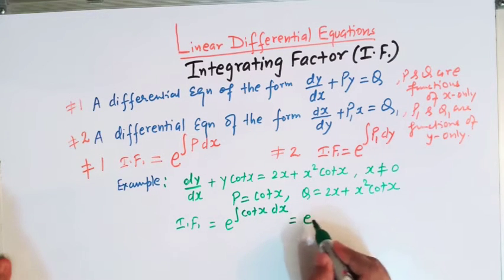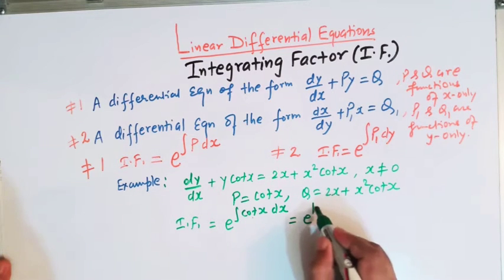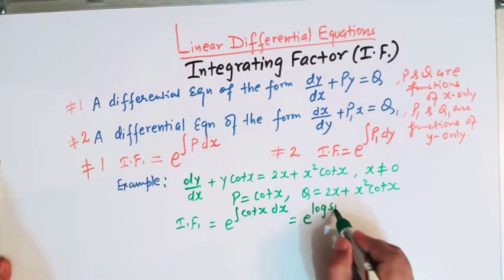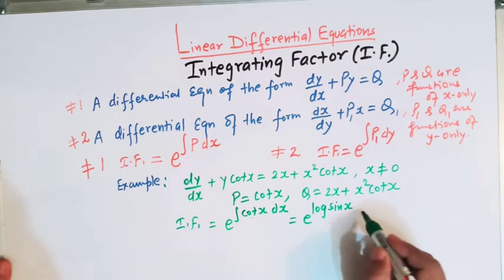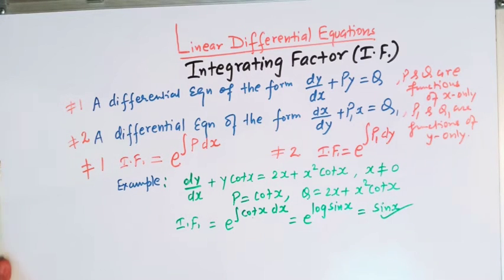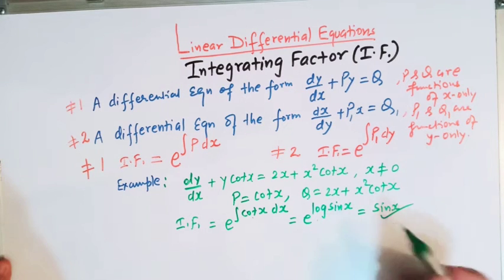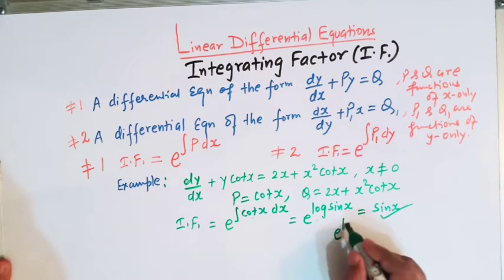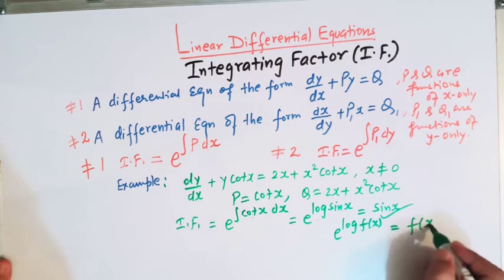Now we know that the integral of cot x is log of sin x, and e raised to log sin x can be written as sin x. So this is the integrating factor of this linear differential equation. Here again we have used the fact that e raised to log f(x) is equal to f(x).